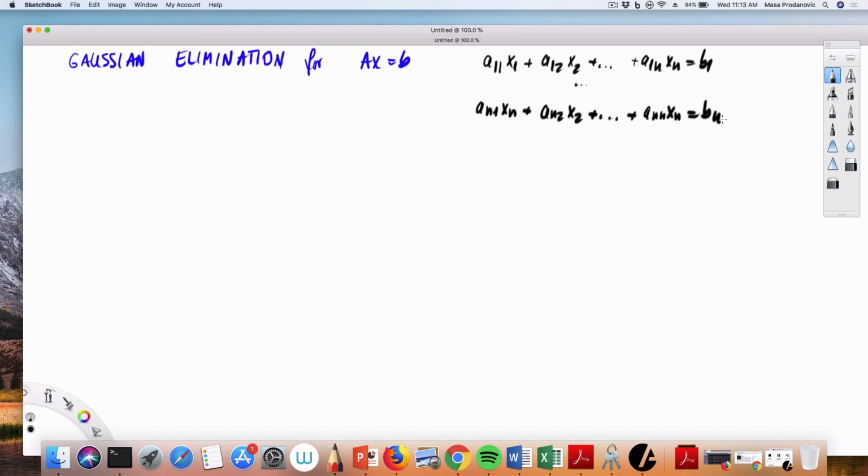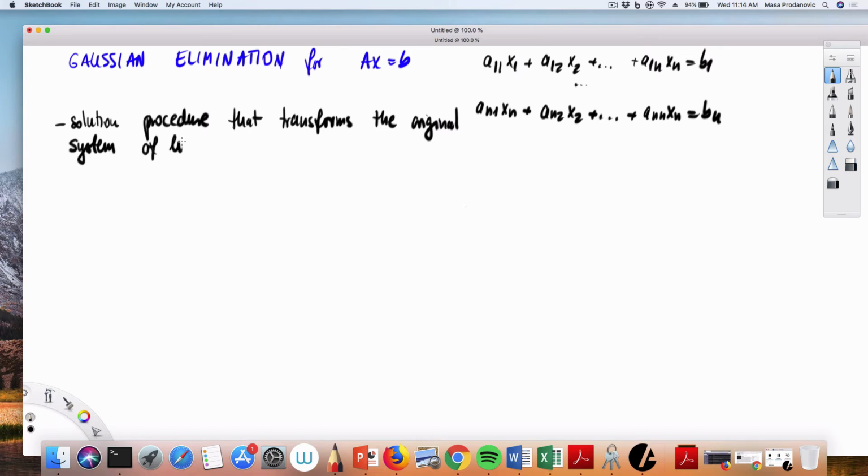So let's get going. Gaussian elimination is a solution procedure, and it basically transforms the original system of linear equations to essentially either an upper triangular system.